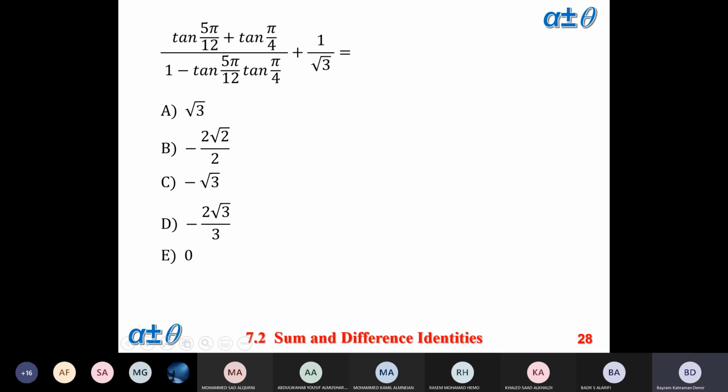Yeah, again, another tangent formula. The first one is, right, tangent of 5 pi over 12 plus pi over 4, correct?